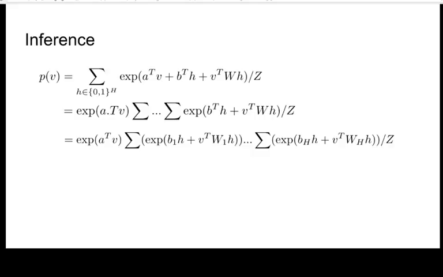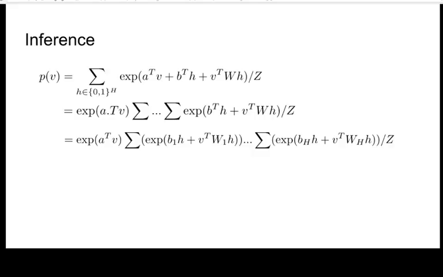So you can pull this out. This should have been a transpose. You can split this summation into capital H individual summations where all H's are zeros and ones, and you calculate this: capital H such summations.